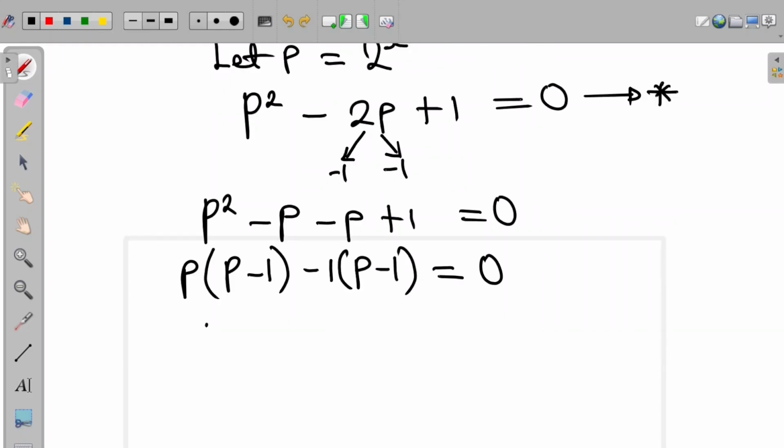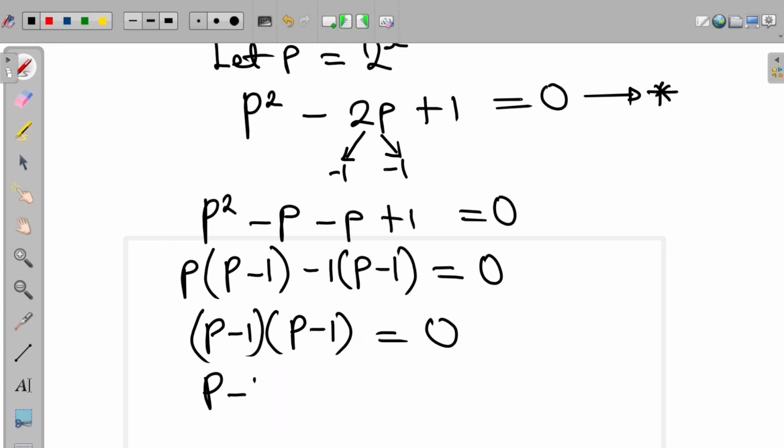So this becomes p minus 1 multiplied by p minus 1 equal to 0. Thus, we have that p minus 1 is equal to 0, or again, p minus 1 is equal to 0. So most times, since they're the same, you just pick one.